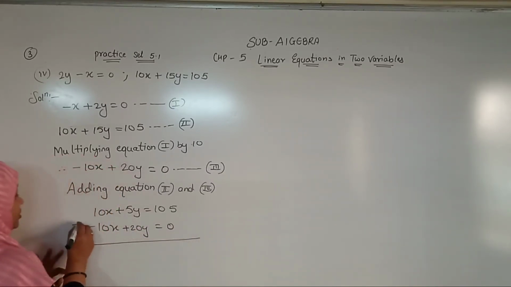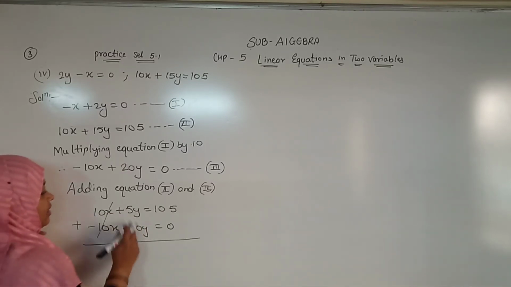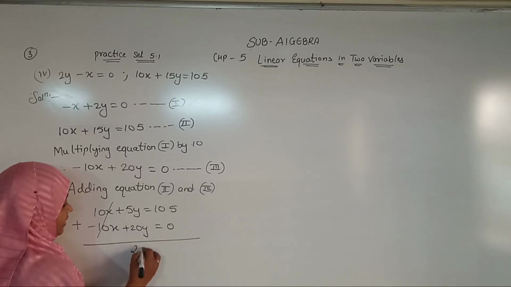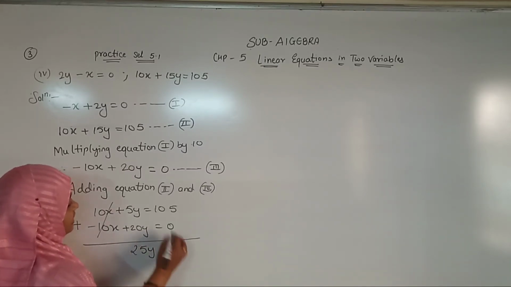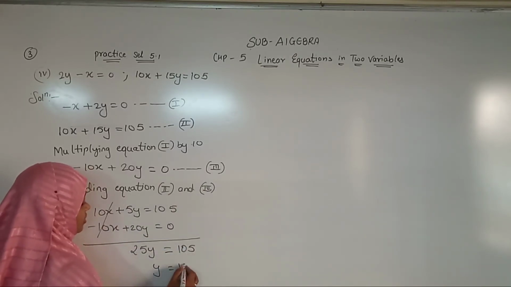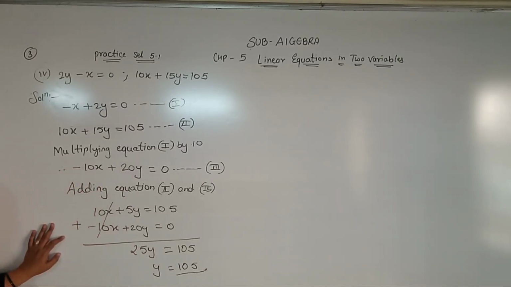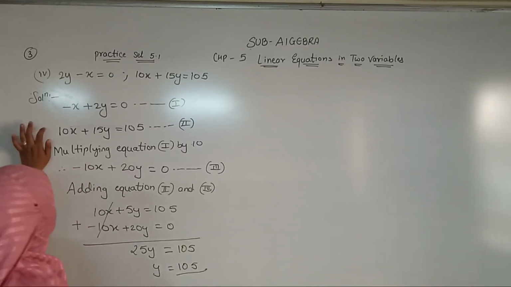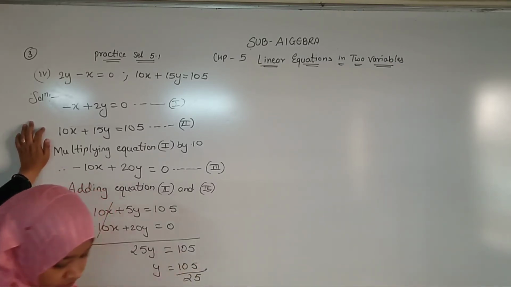I have to do addition. Add it. So what happened? Plus and minus cancel. Add this, I will get 25y, and here we got 105. So y is equal to 105 upon 25, right?